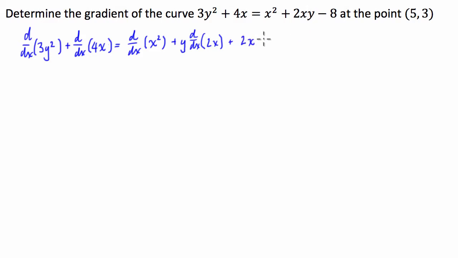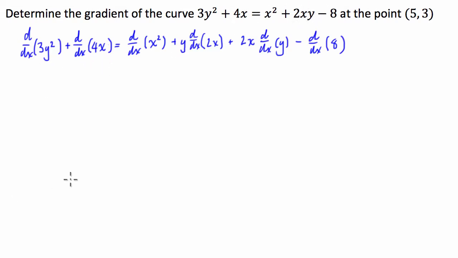So 2x times d/dx of y, minus d/dx of 8. Now if you're in an exam, this would probably get you a mark just for doing that. You haven't actually done anything except writing down d/dx in front of all of the terms and showing that you're going to use the product rule to differentiate this 2xy term.